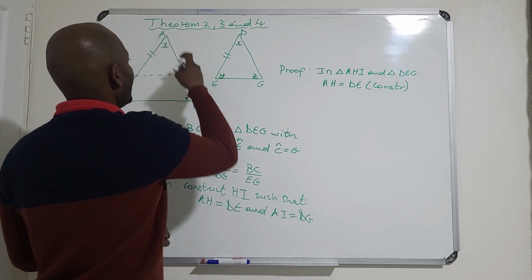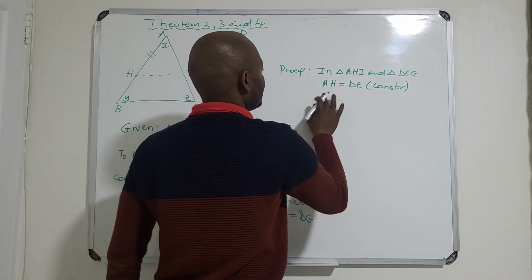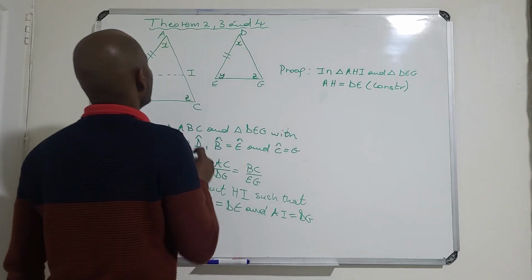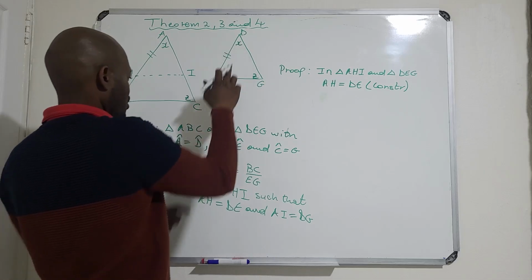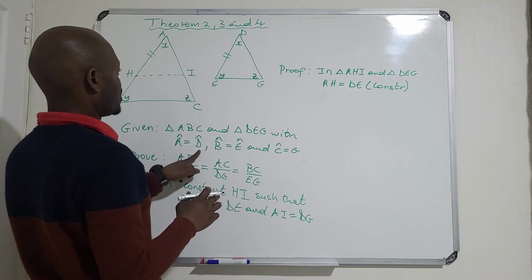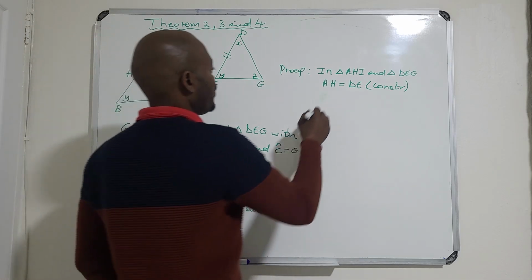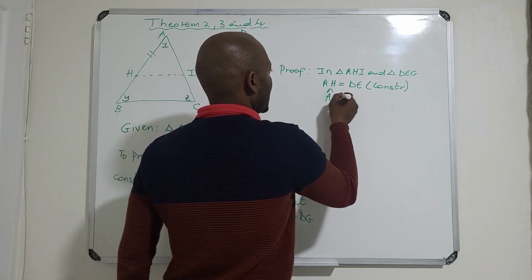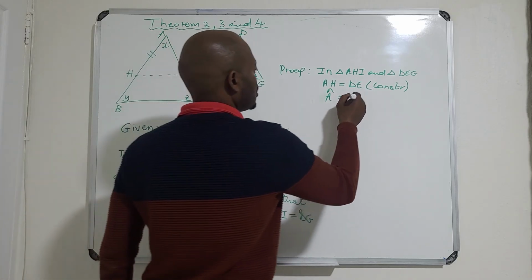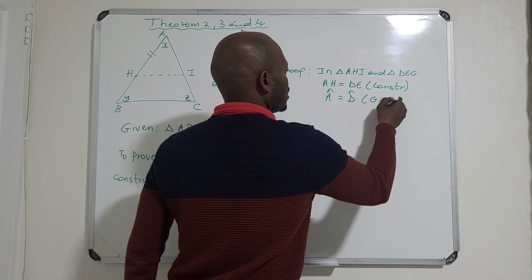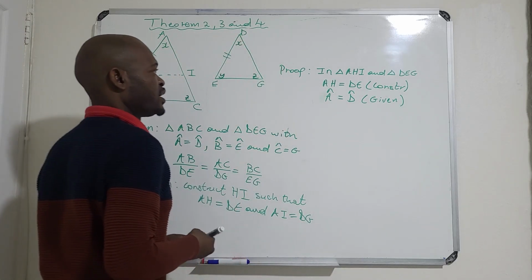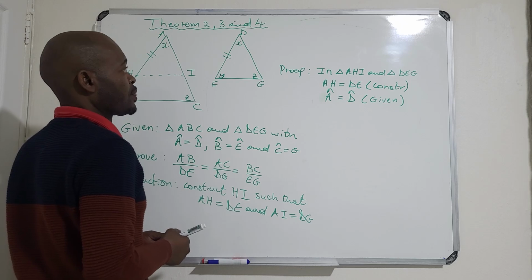Also, this angle there is equal to that angle there, because we're given that angle A is equal to angle D. Therefore, angle A is equal to angle D. Reason: given.